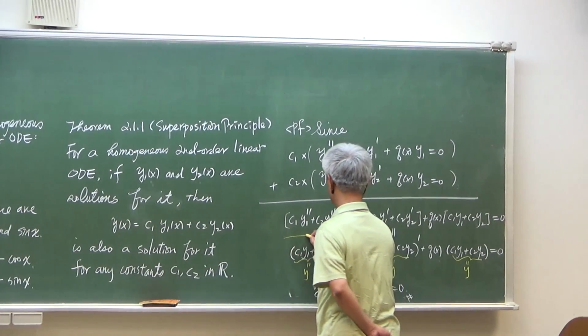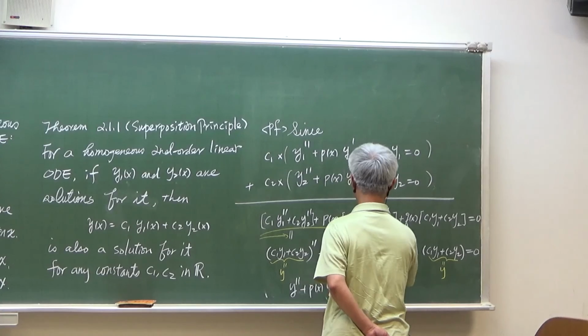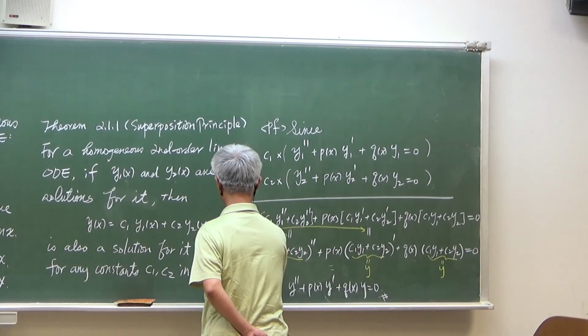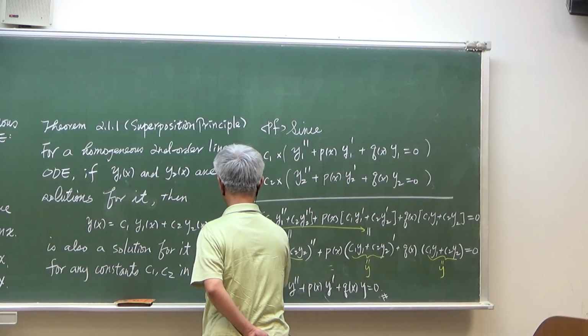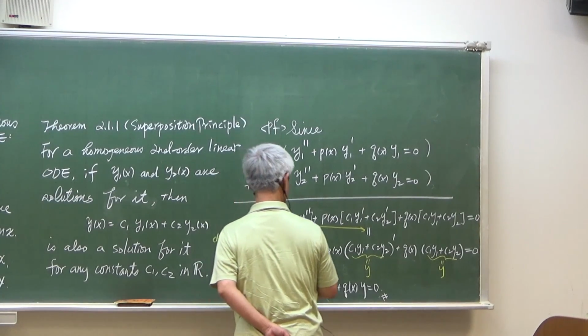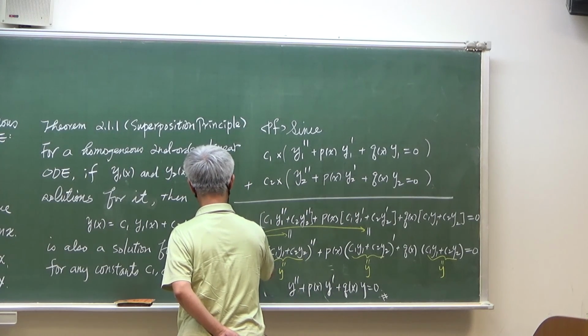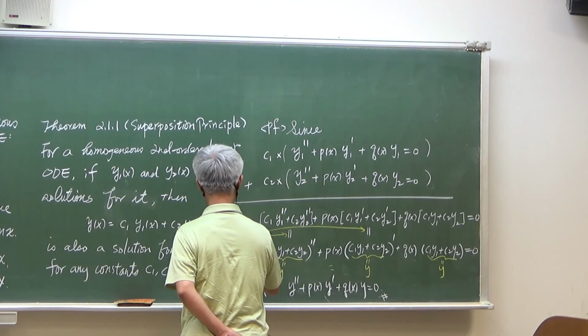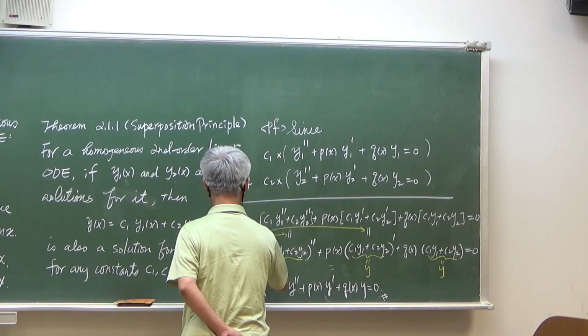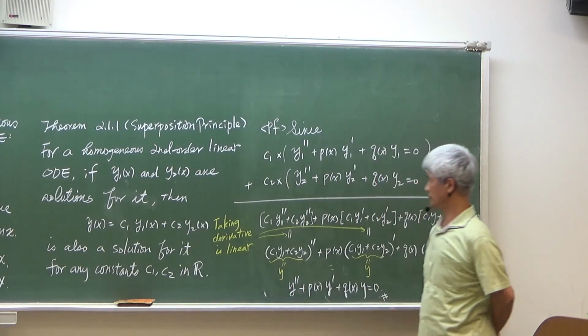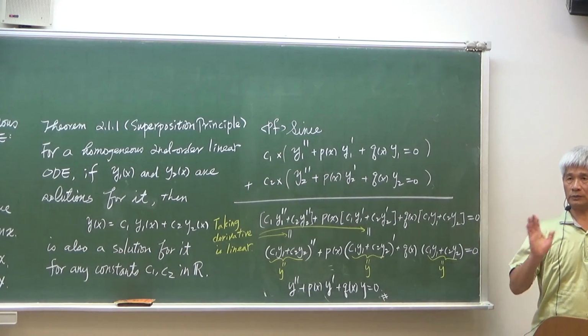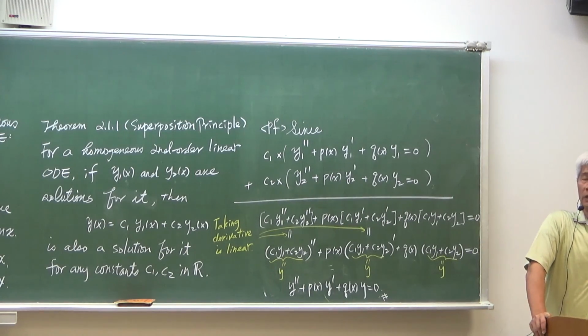So the reason that we have this identity is because taking the derivative is linear. You know this fact from calculus.